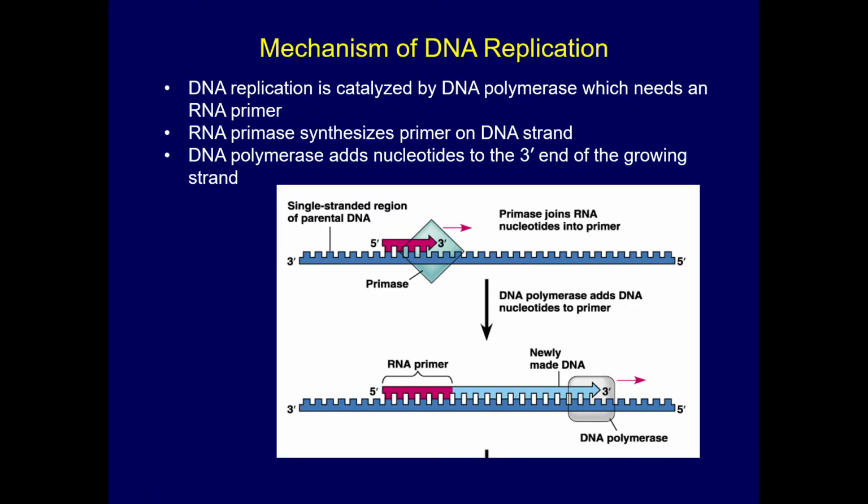To start DNA synthesis, it's catalyzed by what's called a DNA polymerase, and it needs a primer. A primase, which is a different type of protein, adds the primer onto the DNA strand, and then the polymerase adds nucleotides to that primer and continues on, as you can see in this picture.